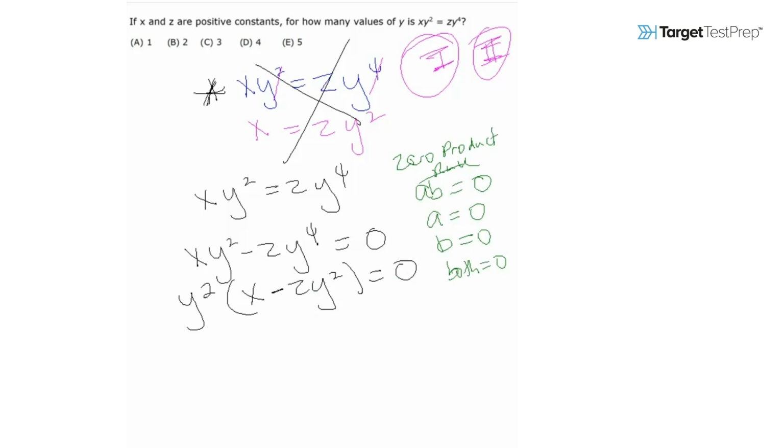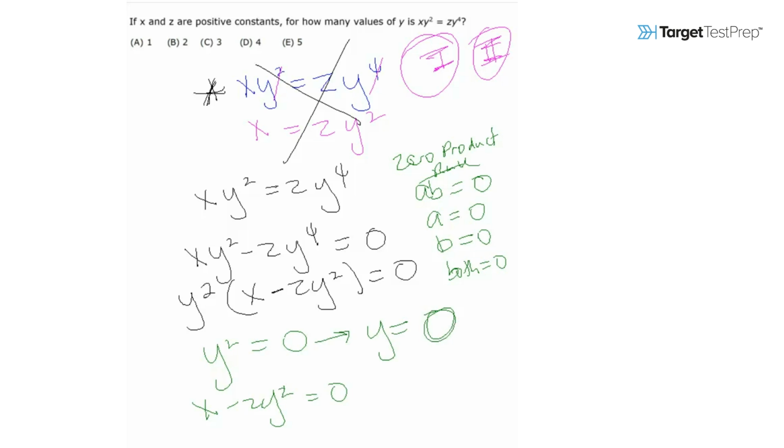So what we're going to say here is, either y squared must be 0, or x minus z y squared must be 0. And that makes our life easy. Right away, we can see that if y squared is equal to 0, then y must be 0.